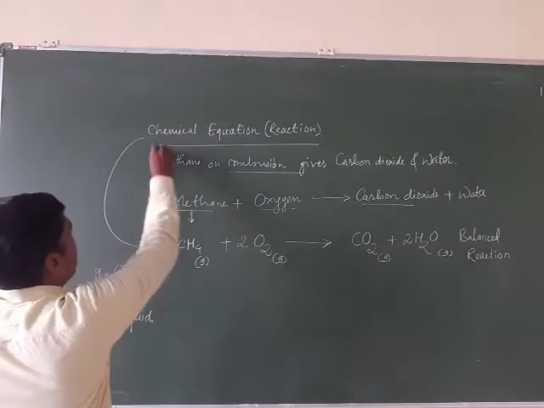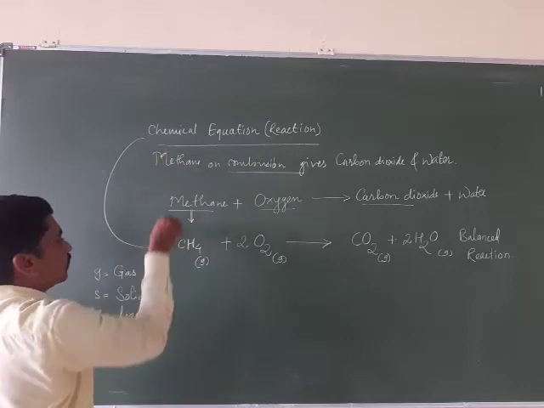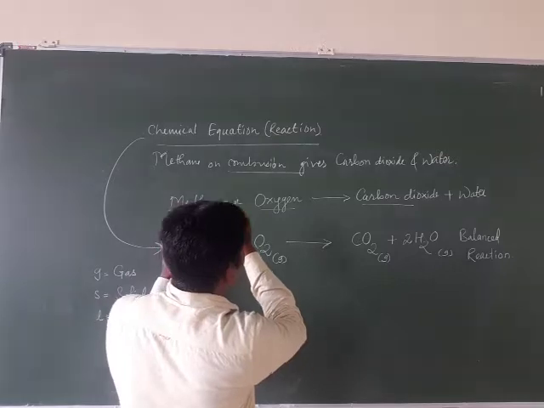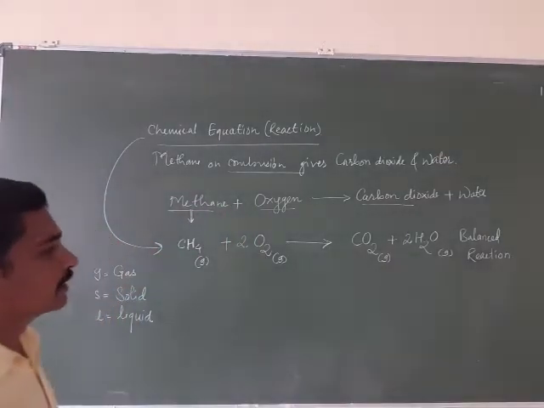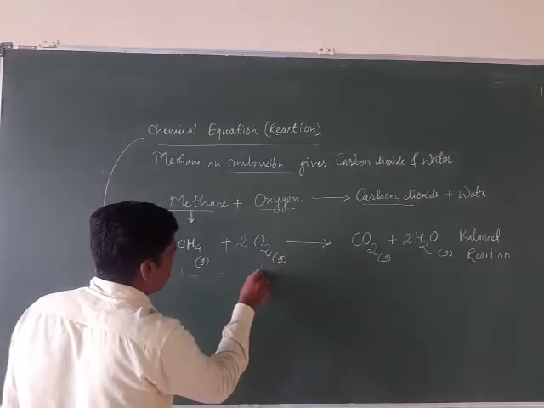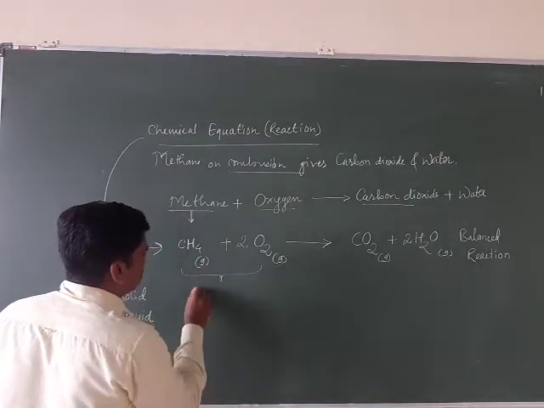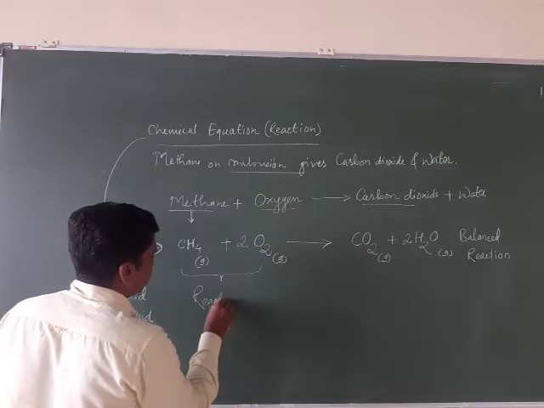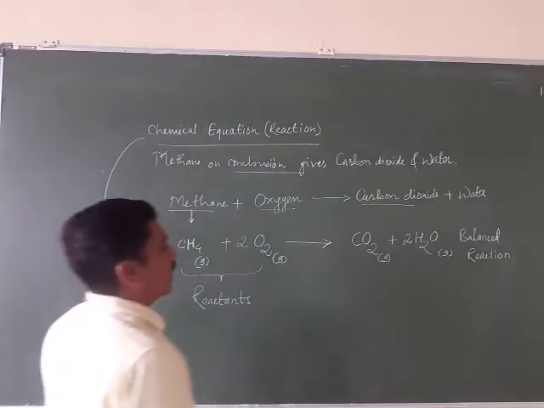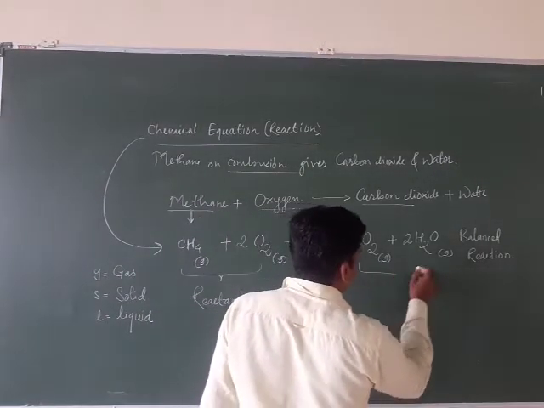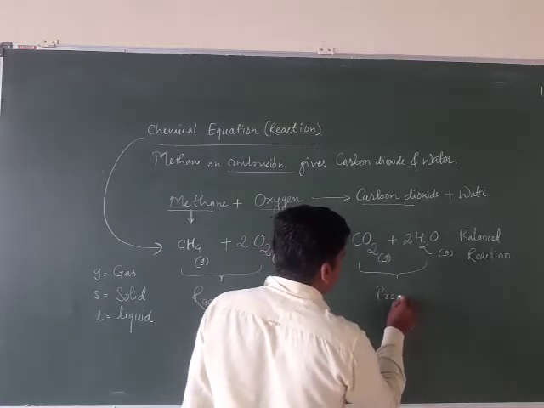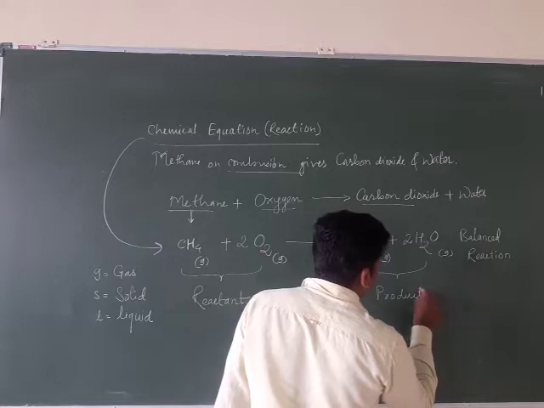Whenever we represent any process in the form of molecular formula, the chemical equation has two important parts. The first is called the reactant, and the second part, on the right hand side, is called the product.